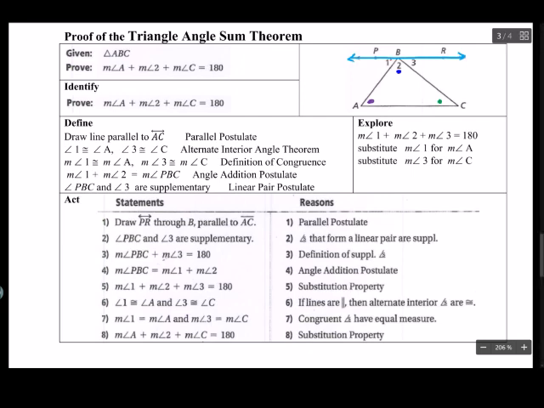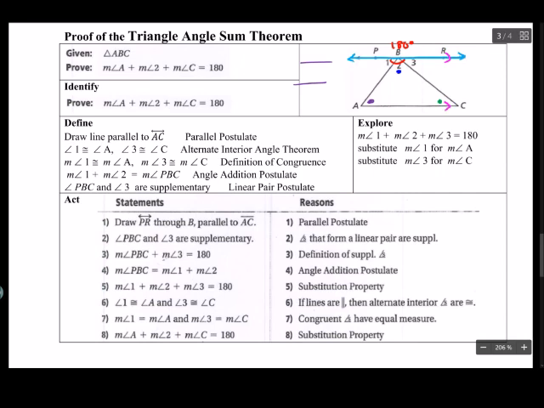And we know that a straight angle is going to sum to 180 degrees. Now the reason for this is we can make this line parallel to the bottom, to the base of our triangle. So we can make those two parallel.